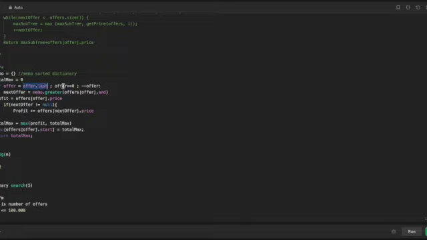It goes until the first offer in the array, and for each one, it finds the next offer using the end index.